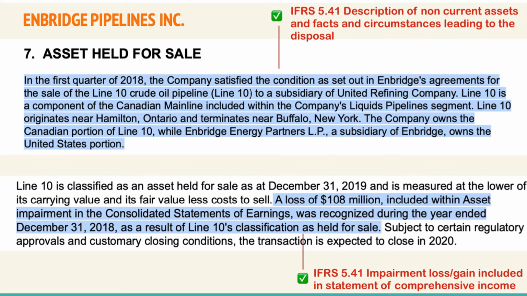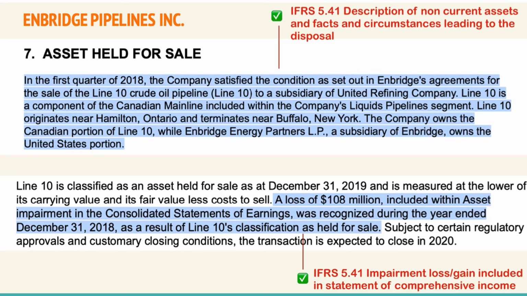You may realize this example was mentioned by Gajot earlier when he talked about the measurement of assets held for sale. I want to go back to his example to show how Enbridge has followed IFRS 5 paragraph 41 to present and disclose their non-current assets. They describe the facts about their sale of the asset.